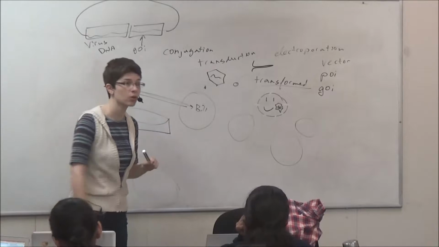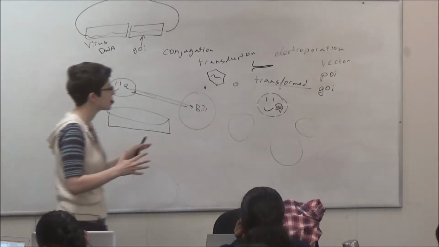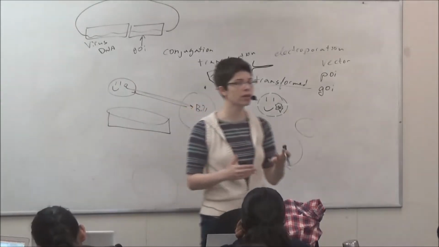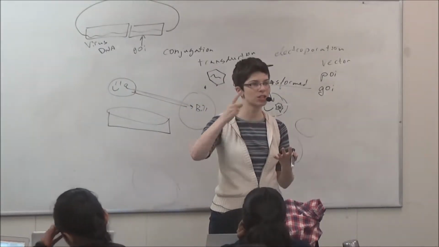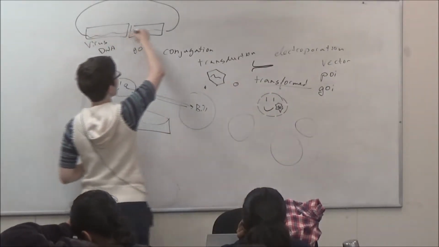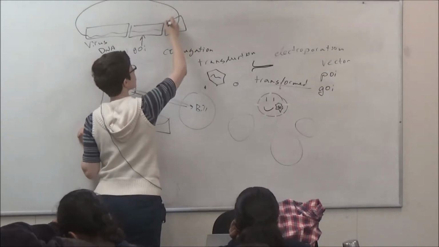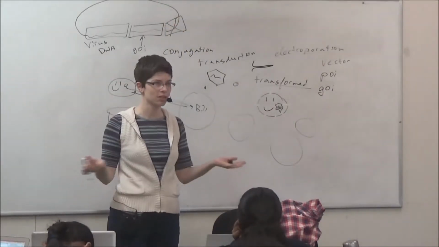Now, back to answering your question. Yes, we might want to break the virus's ability to finish the lytic cycle. That viral DNA, we probably took out the part that makes a lot of it and bursts out of the cell.